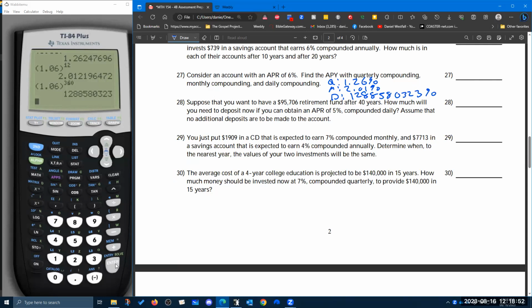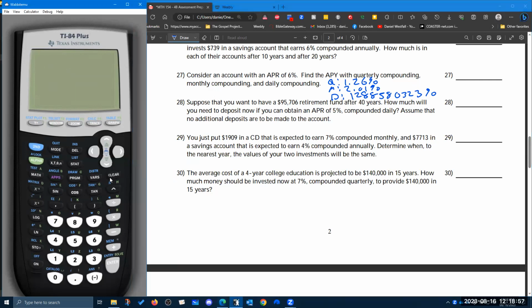Okay. So suppose that you want to have, back to our TVM solver here, a final value in your retirement account of $95,706 after 40 years. 40 times 360, 5%, 360.